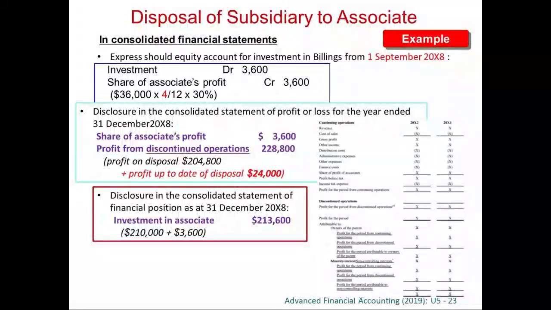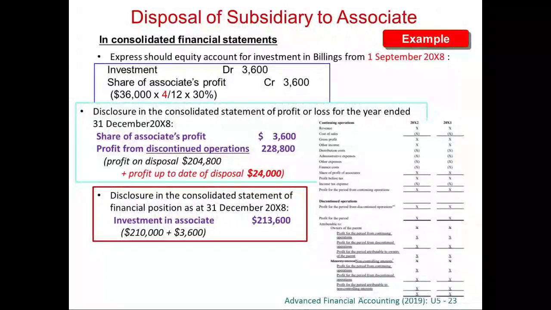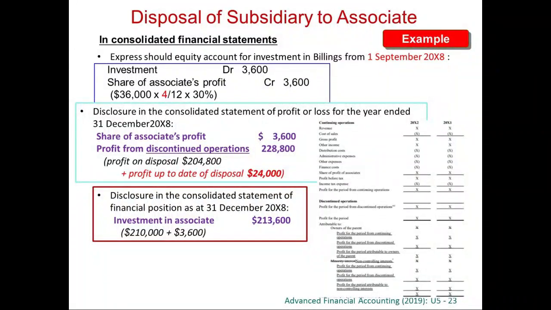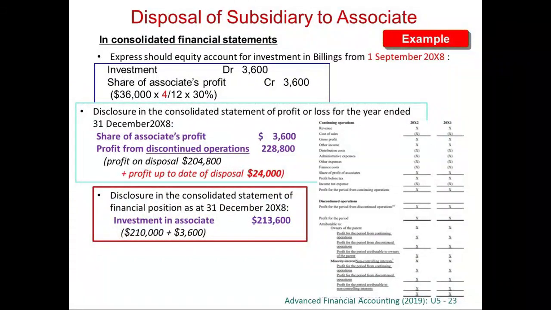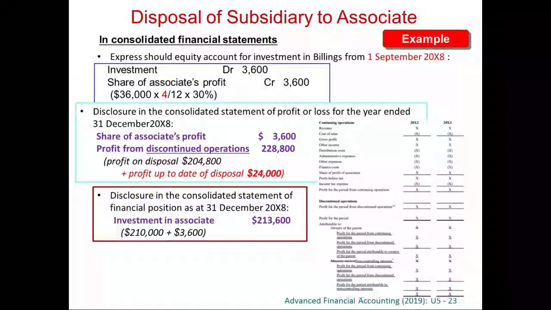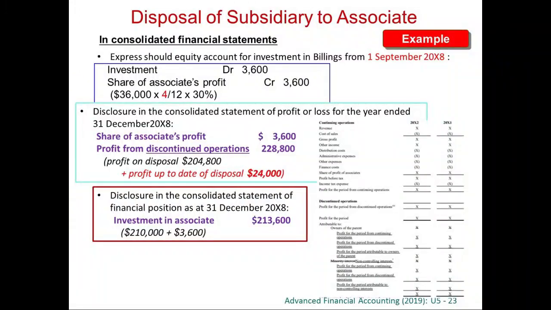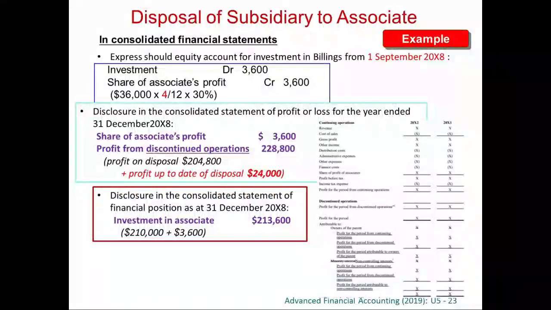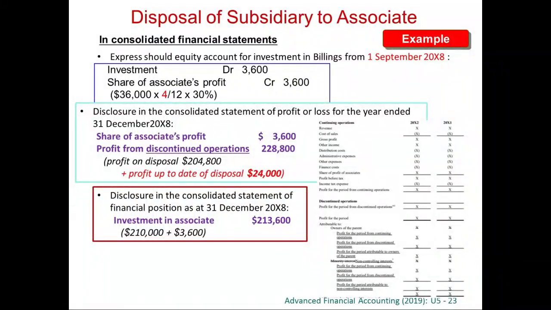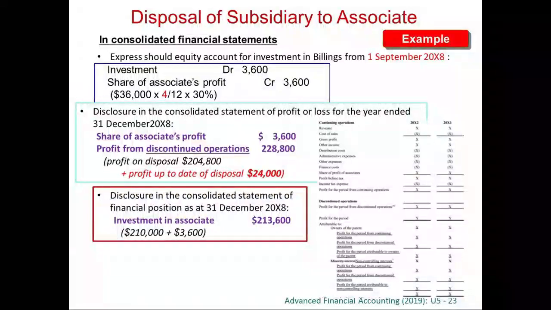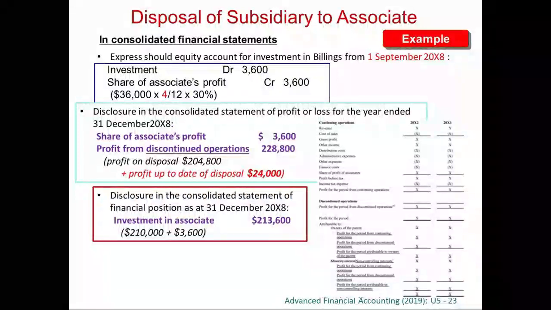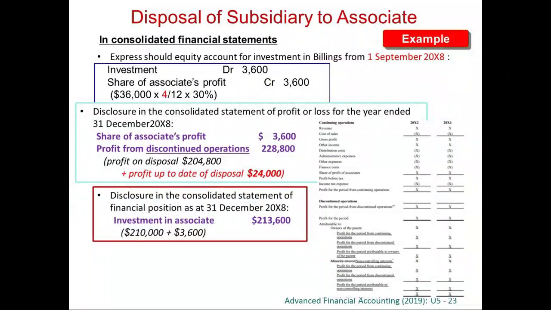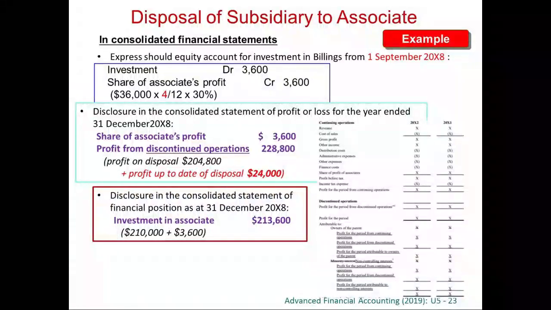And if this subsidiary represents a major line of business, or if this subsidiary represents a major geographical area, it may amount to a discontinued operation. So if this is a discontinued operation, anything related to this discontinued operation should be extracted from the normal figures and we separately disclose. Therefore, we got this line, profit from discontinued operation. Some students say that they did not study this discontinued operation.